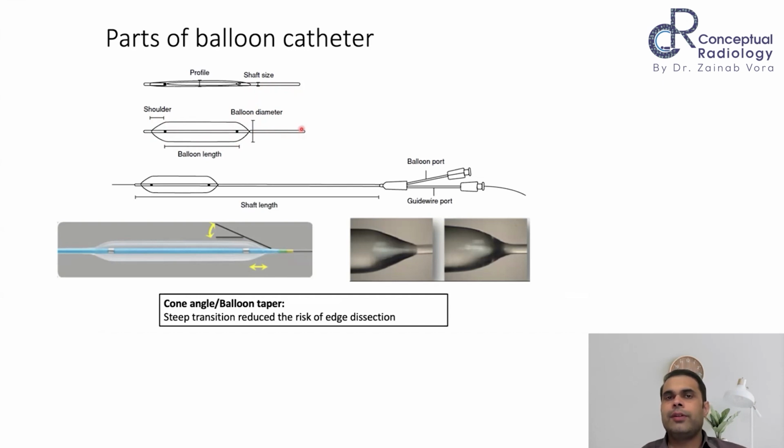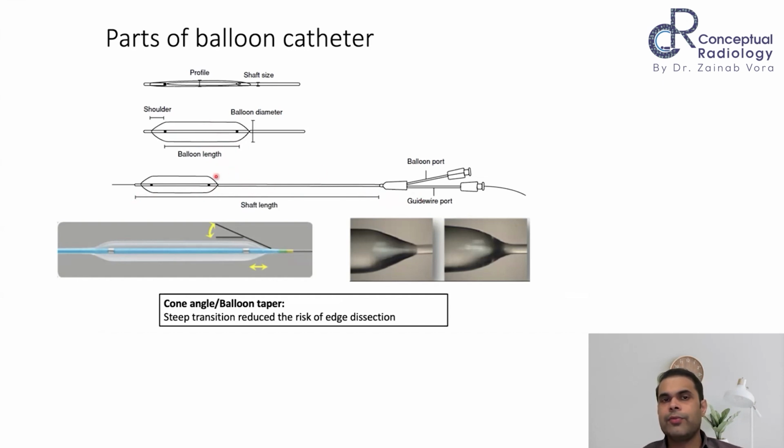This shaft will have a length as to till where it can reach. If you're going to the femoral artery, you want to reach a certain place, so the shaft length should be sufficient for the balloon to reach that location. This is an important number that you should be clear about, so that you order the correct length of balloon, correct diameter of the balloon, correct balloon length, and correct shaft length.